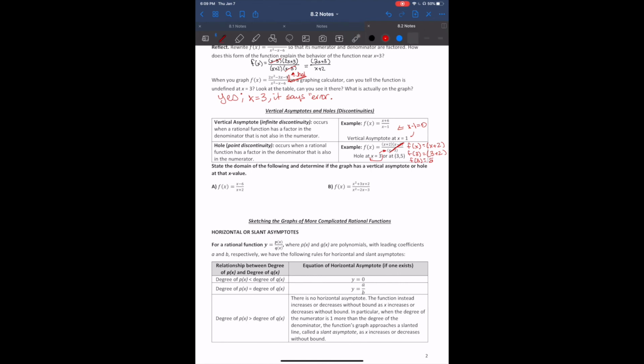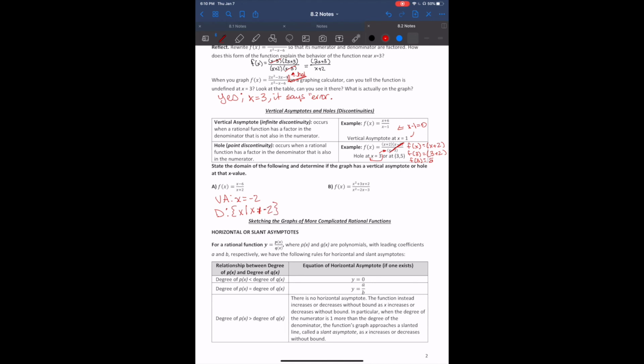So based on the denominator, we can say that we have a vertical asymptote at x equals negative 2. Remember, we solve for x, and that's the location of our asymptote. The domain in set notation, remember we're sticking to set notation, use curly brackets: x defined for everything except for negative 2.